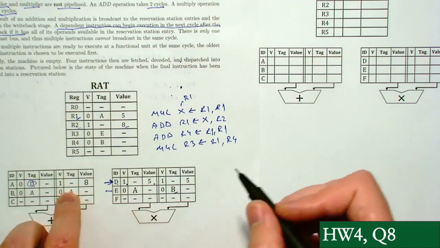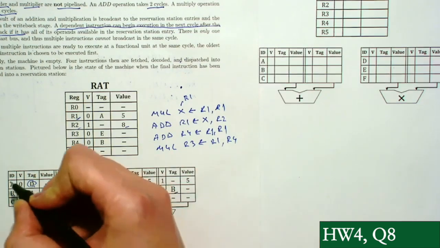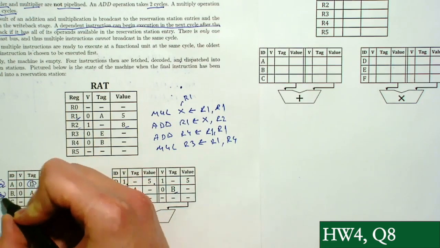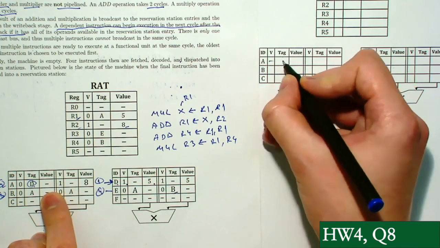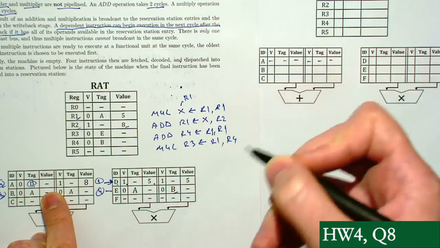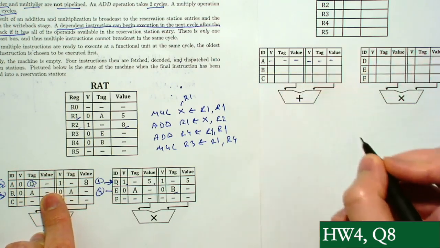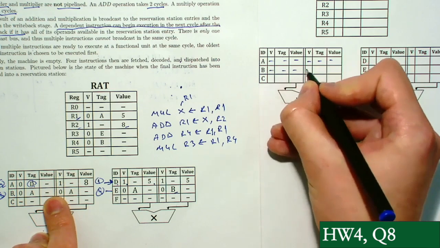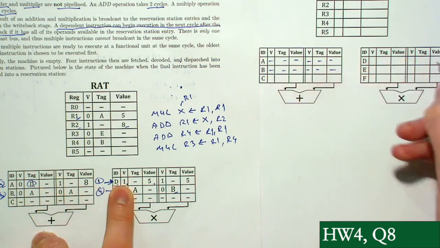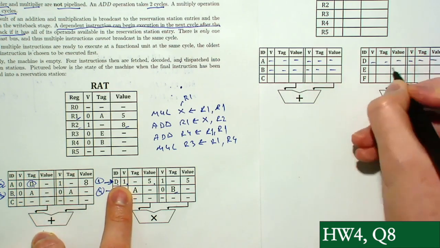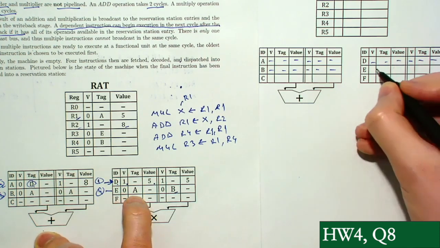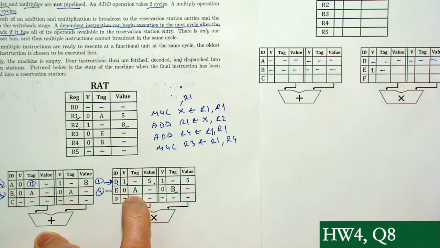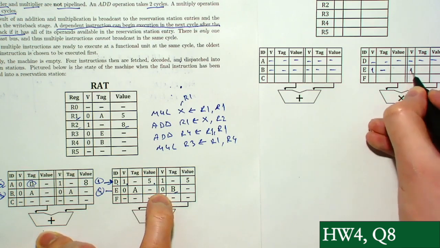Okay, so we know that this was the first instruction, this is the second, this is the third, and this is the last instruction. So this is finished, so I'll just put dashes here at the end of cycle 12. B is also complete. D is complete, so we don't have to fill anything here. And for E, since A is complete, it will have its data available. Here the value will be set. B is also complete, so this will also be set.